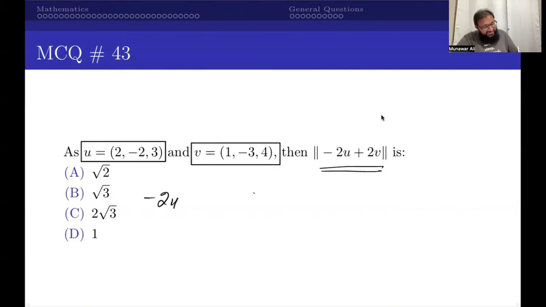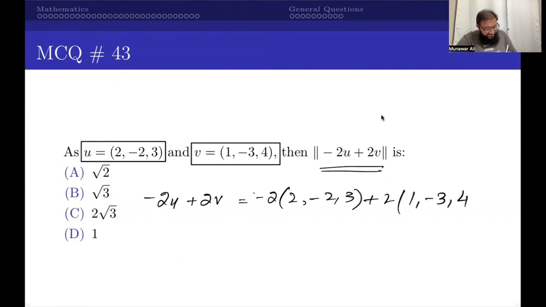First of all, I'm finding negative 2U plus 2V, which is going to be negative 2 times U, which is 2, negative 2, 3, plus 2 times V, which is 1, negative 3, 4. So this is negative 4, positive 4, negative 6, and plus 2, negative 6, 8.